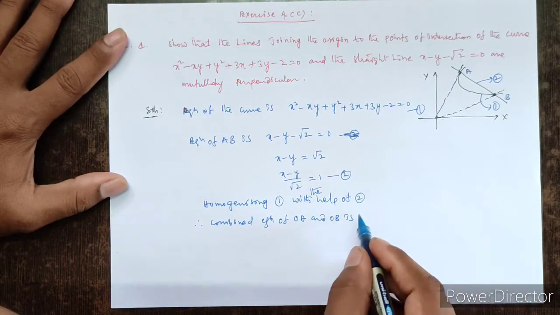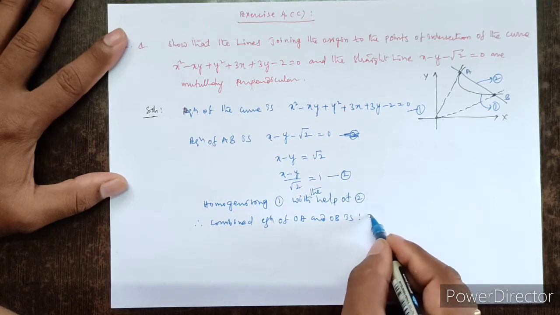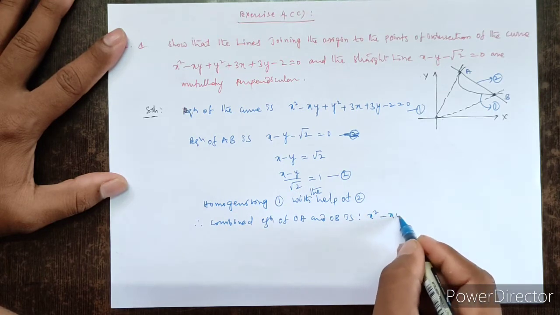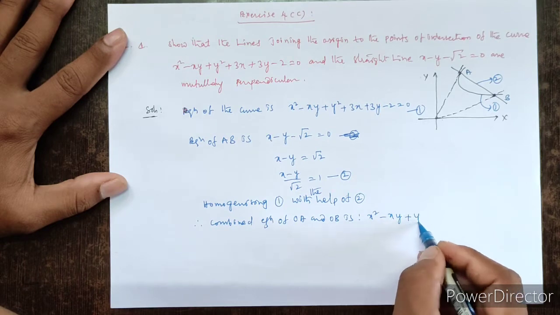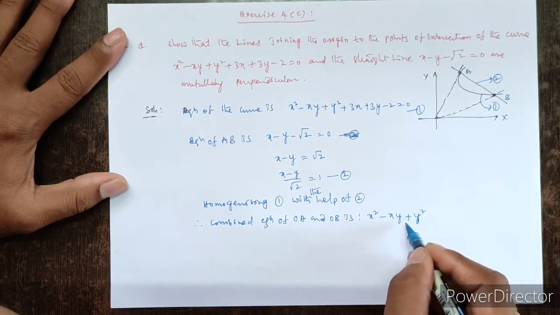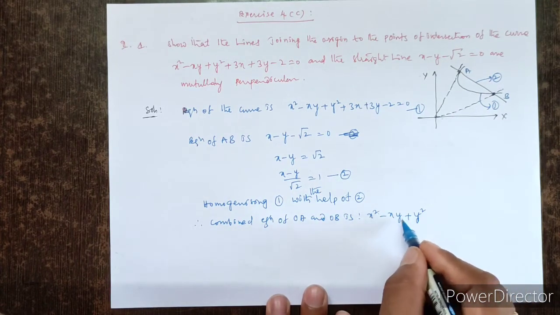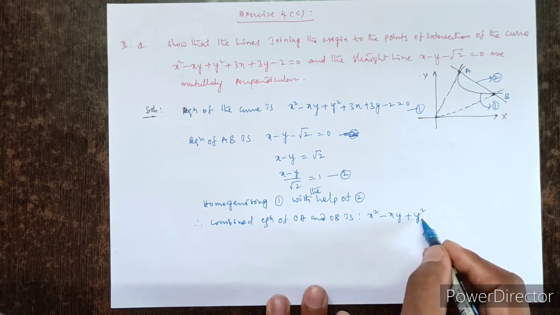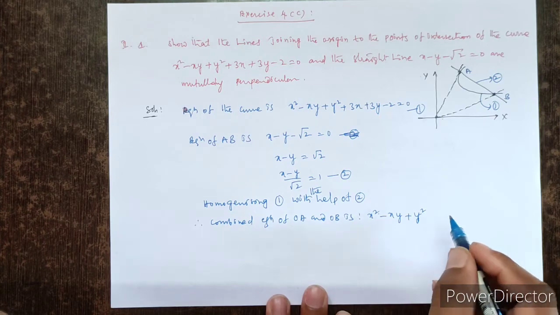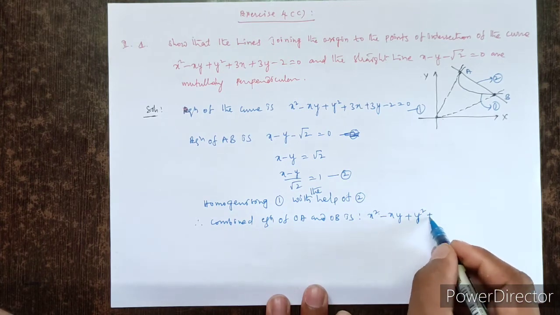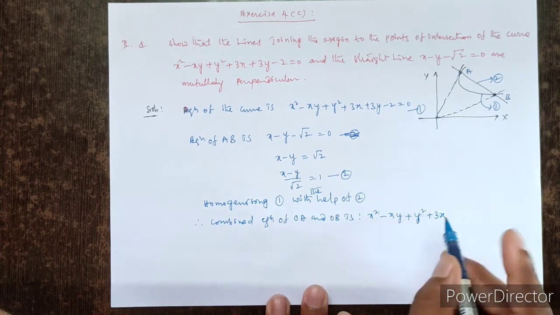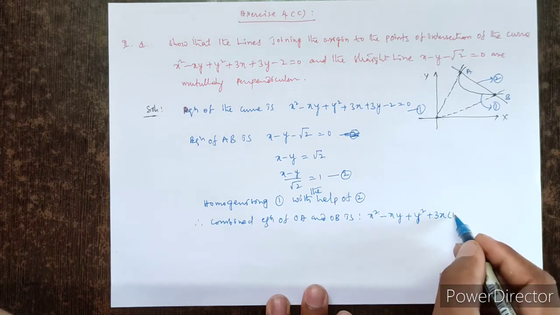It is x square minus xy plus y square. Anyway, these three terms have degree 2. The next term is 3x, having only degree 1, so you can multiply with 1.